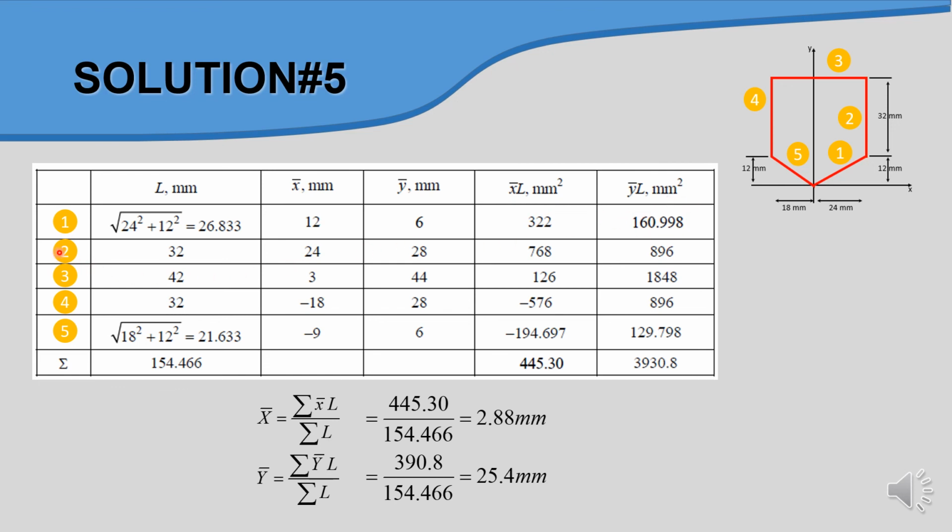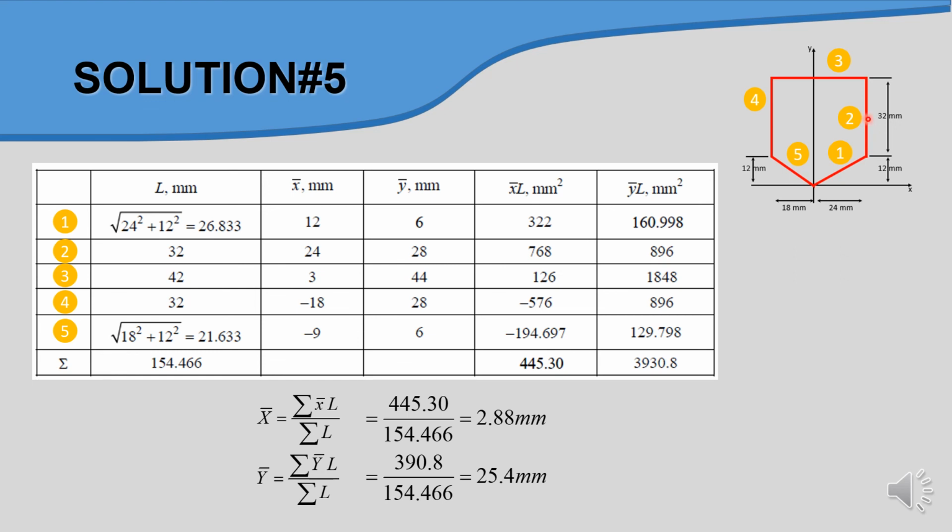It also happens to wire number 2, whereby the length is 32, and we put 32 here. For the x bar and y bar, the x position for this wire is somewhere in the middle here. So 32 divided by 2, we have 16. From here to here is 16.